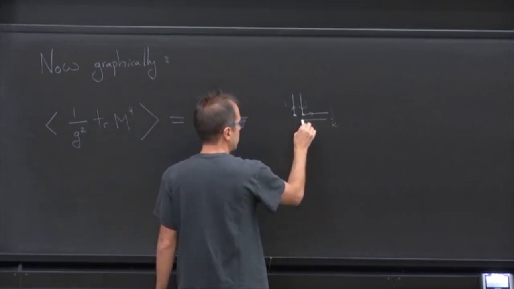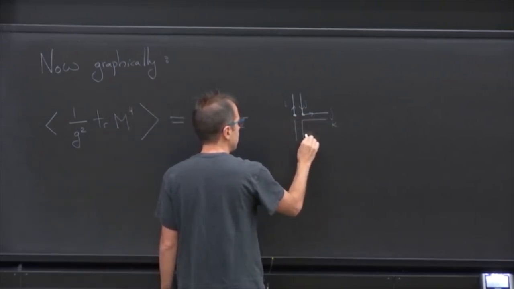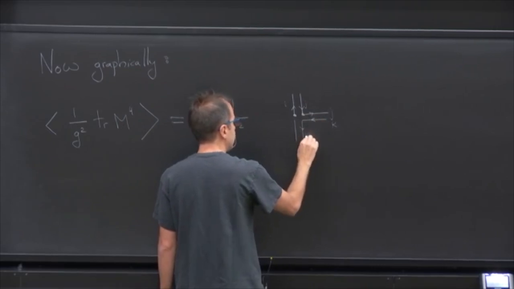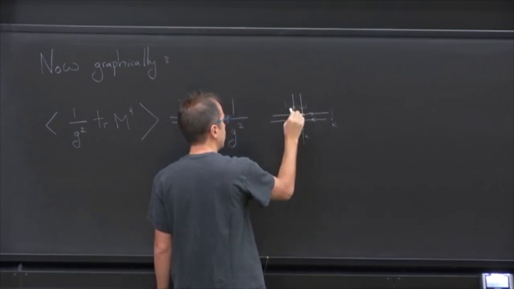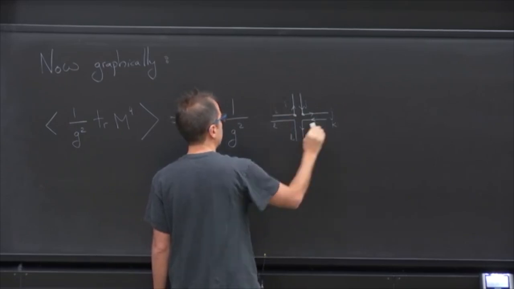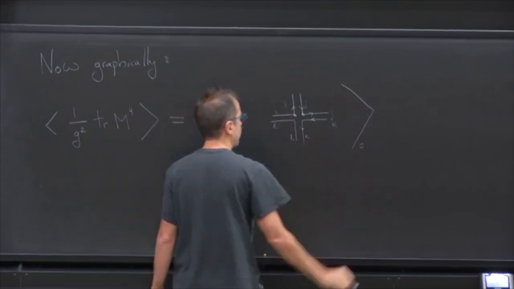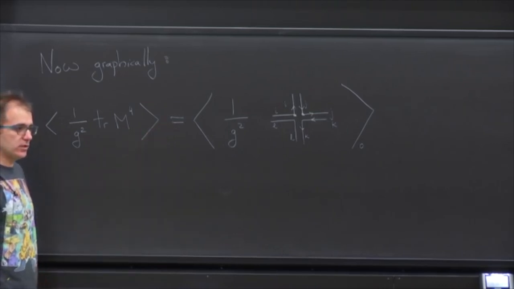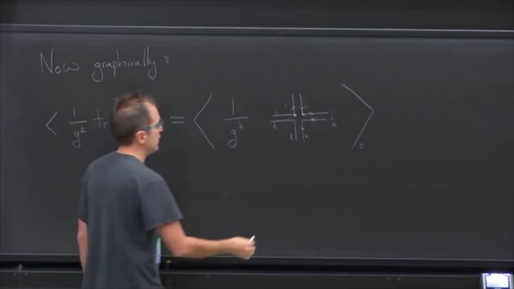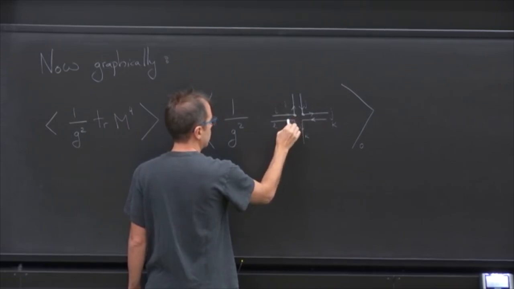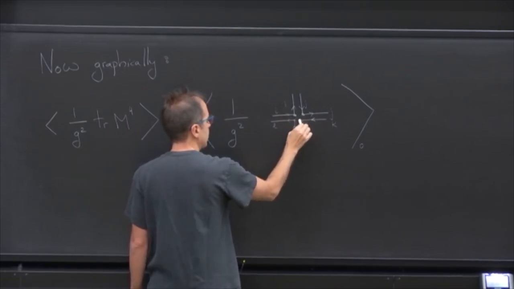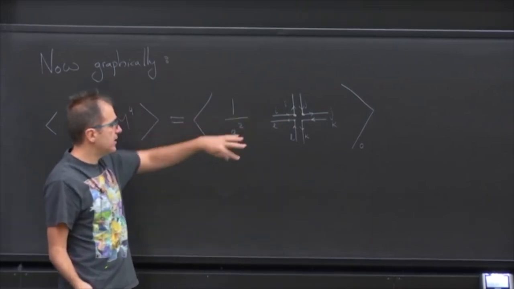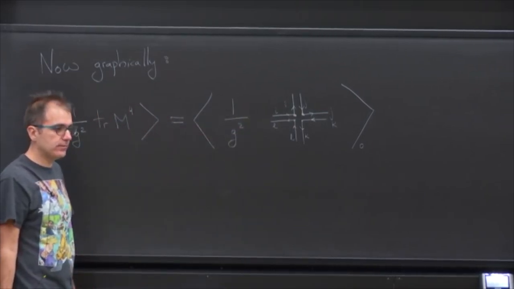And then you continue and you multiply by the next matrix, where the index k is here, and then there is l, and then you multiply by the last one, where you have l and i. So this is how you draw a trace of m to the 4. This is just representing the product of the 4 matrices, keeping track of how the index goes.